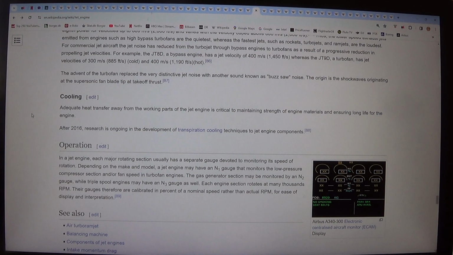The advent of the turbofan replaced the very distinctive jet noise with another sound known as buzzsaw noise. The origin is the shock waves originating at the supersonic fan blade tip at takeoff thrust.